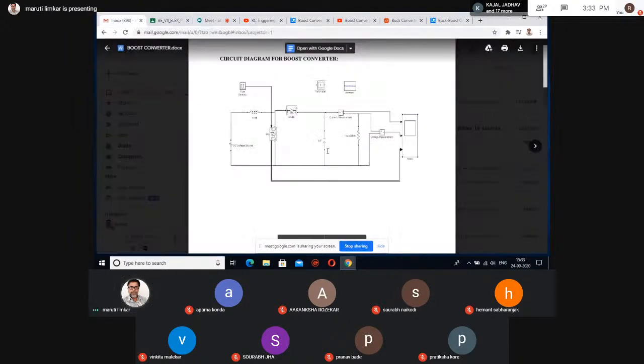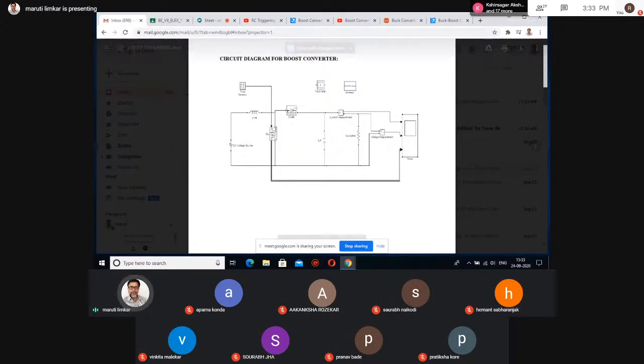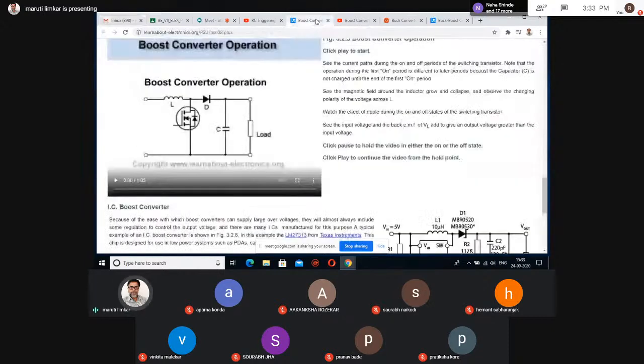Then the cathode of the diode is connected to the capacitor C.